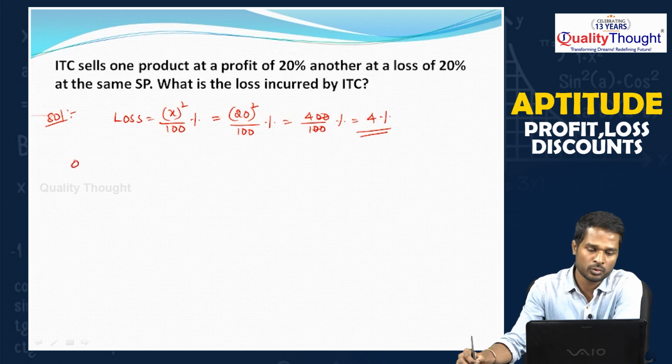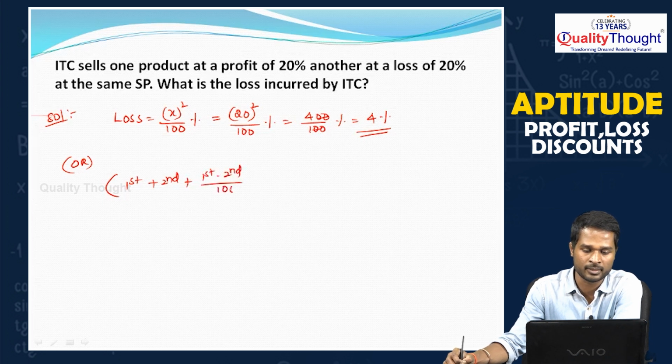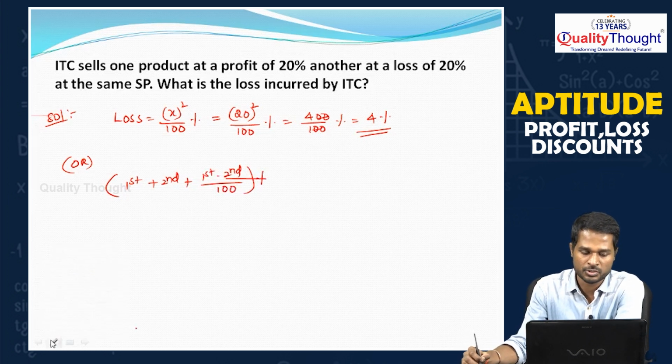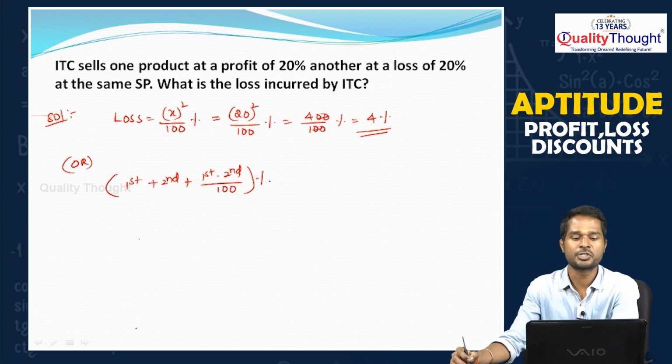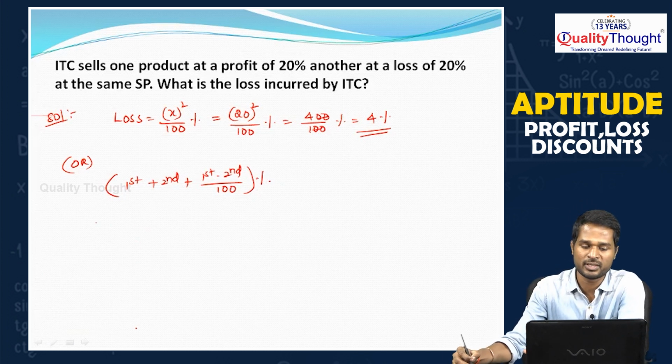Or if you do not remember this X square by 100 percentage, we know the formula: first material plus second material plus first material into second material by 100 percentage. In this formula, substitute the positive value if it is profit and the negative value if it is loss.